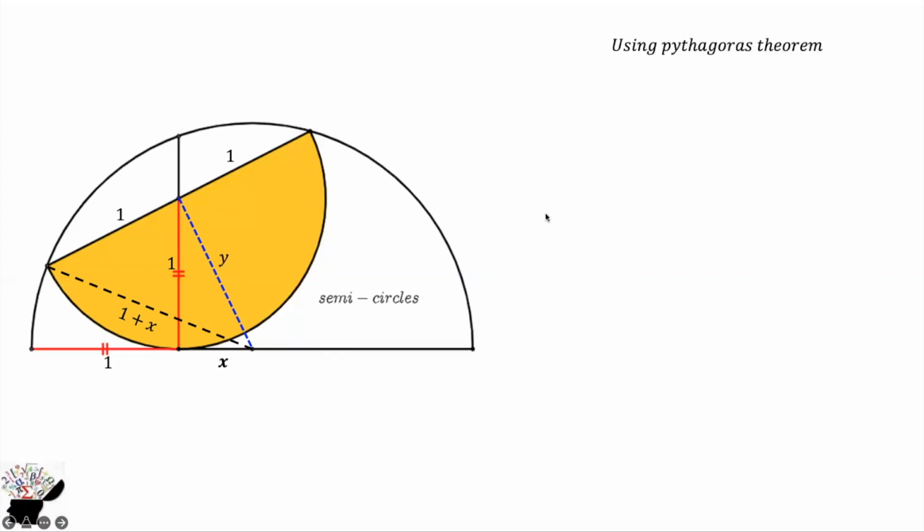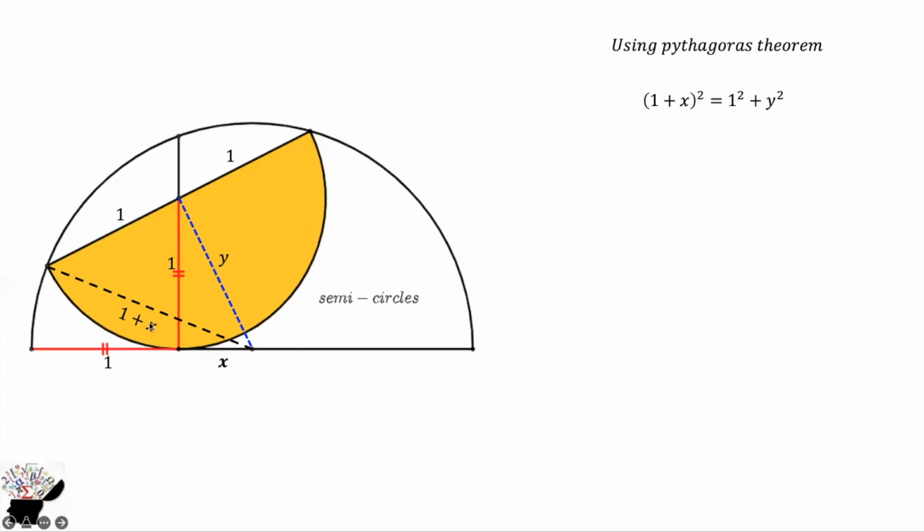So using Pythagoras theorem, we can consider this triangle. This is 90 degrees because from the center of the bigger semicircle to the radius of the smaller semicircle is 90. So now this will be the hypotenuse.